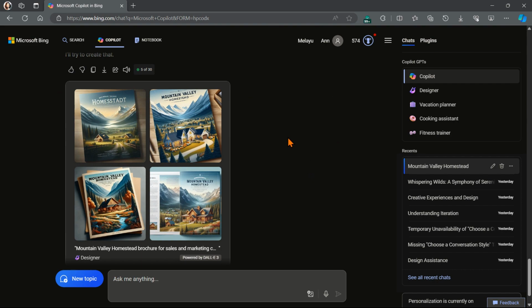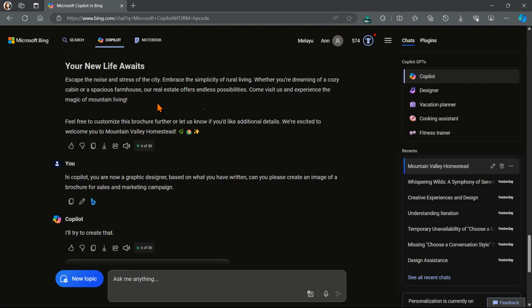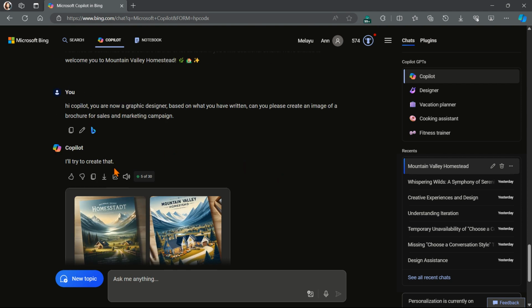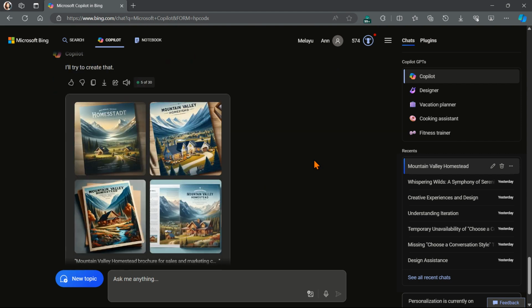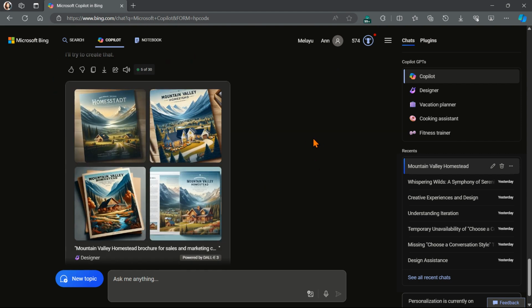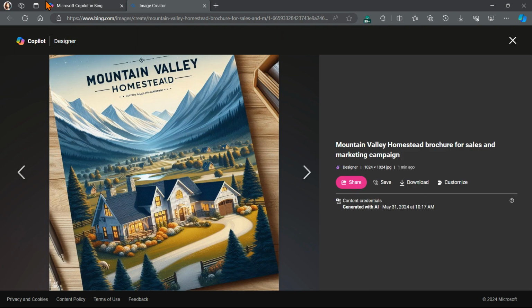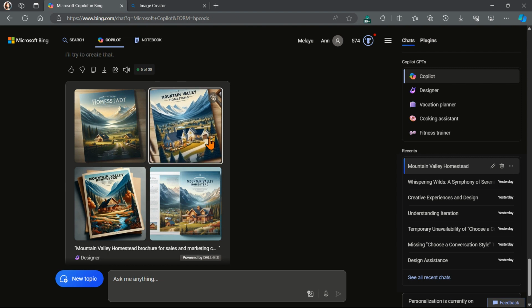So this brochure is based on what is written above, and it generated the brochure based on what I gave Copilot as a graphic designer. Now, of course, from here I can choose what I want, either one over here. Let me show you. You can pick one of these.